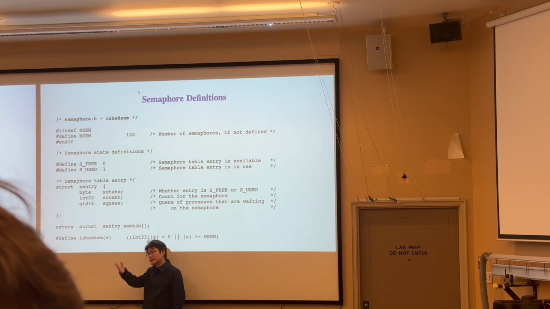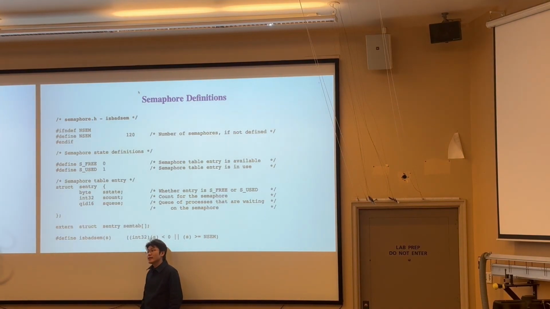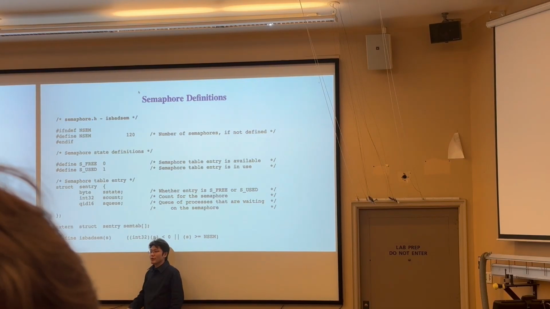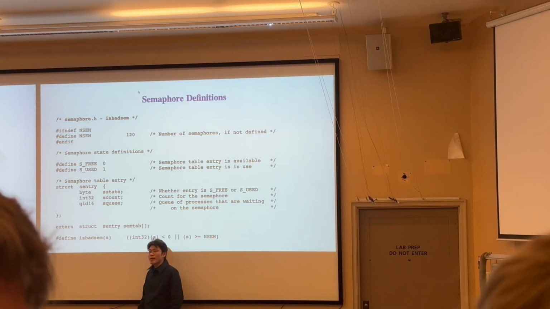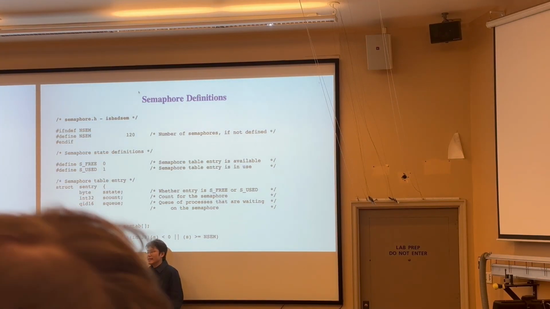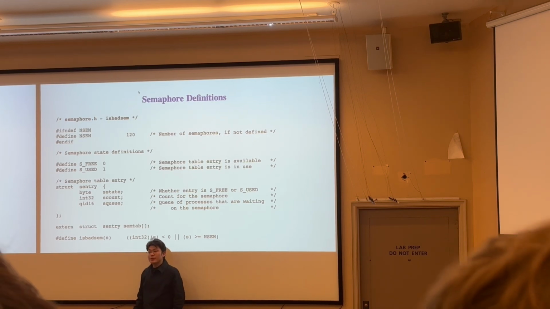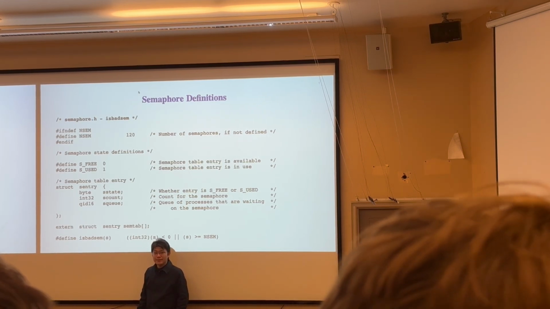Yes, exactly, it is the number you use to initialize the semaphore. For example, if you initialize it to be 1, then when one process calls wait, it will decrement it, and the next process will block on the semaphore. So that is the number that you use to initialize the semaphore.